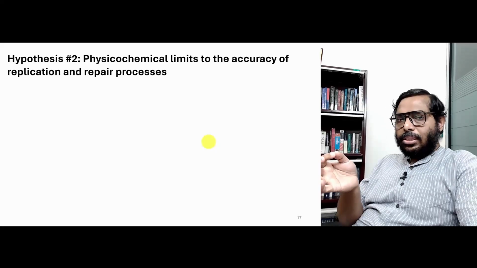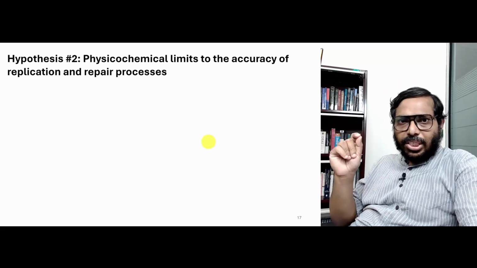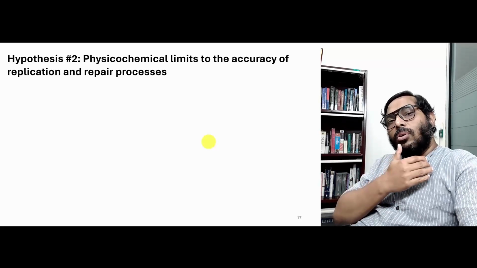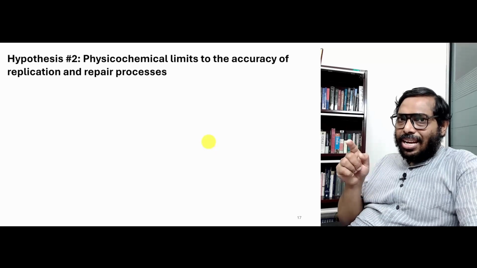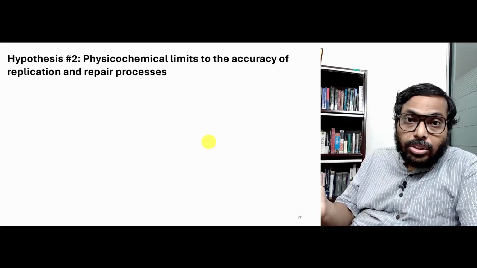The problem is that as far as we understand, the chemistry of replication and all these processes is remarkably conserved across all taxa. So, if these limits are indeed due to physicochemical reasons, then they should be similar across all taxa.